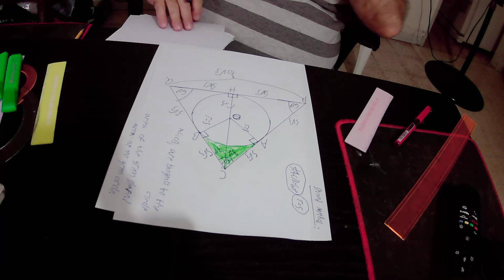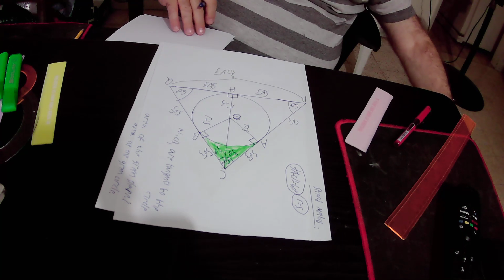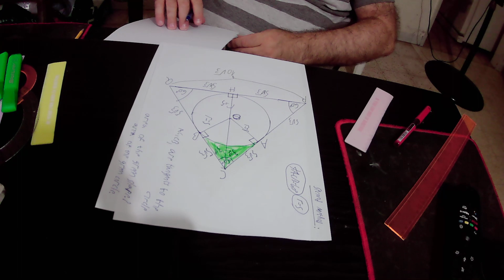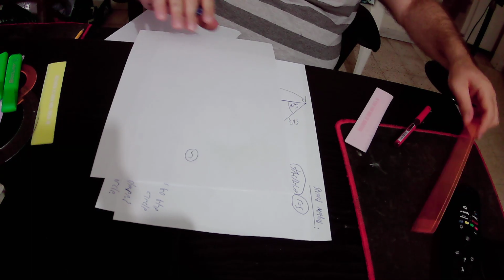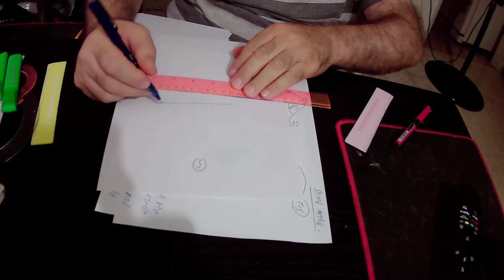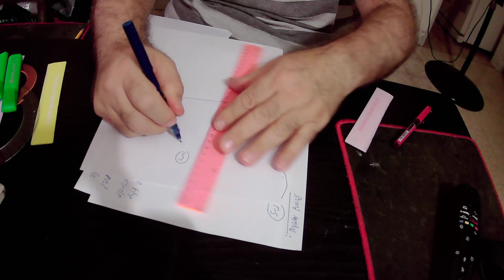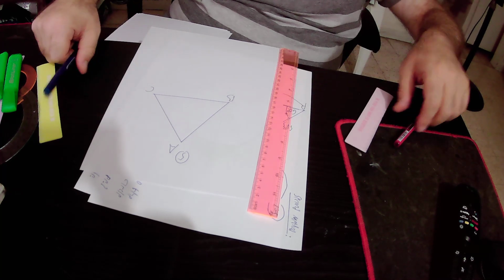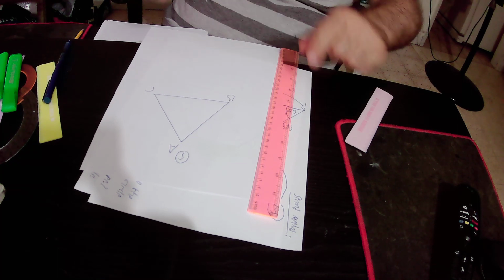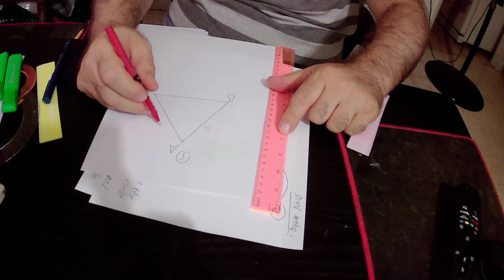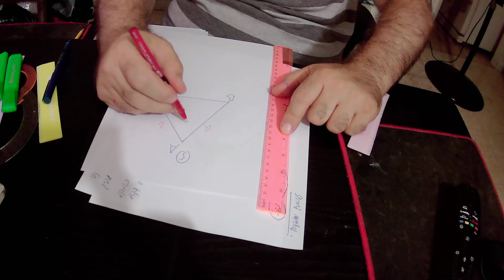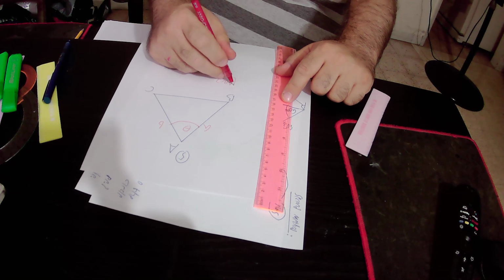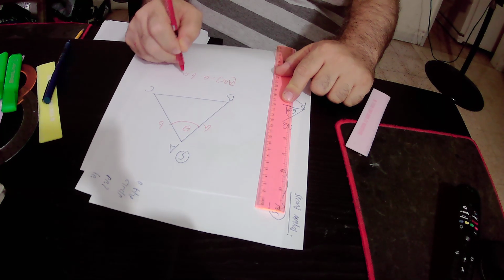The area of any triangle, if we have triangle ABC, and we know that AB equals to A units, AC equals to B units, and we also know that the angle between AB and AC is theta, then the area of this triangle ABC will be equal to A times B times sine theta over 2.